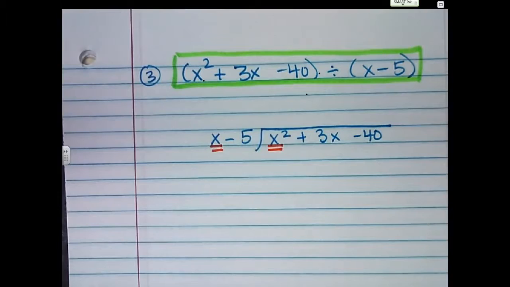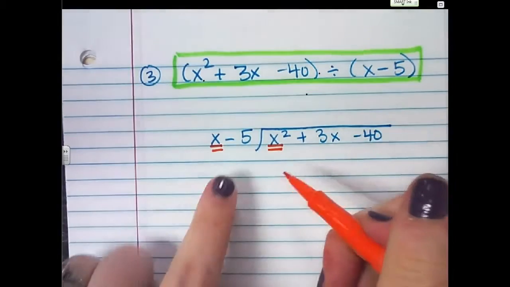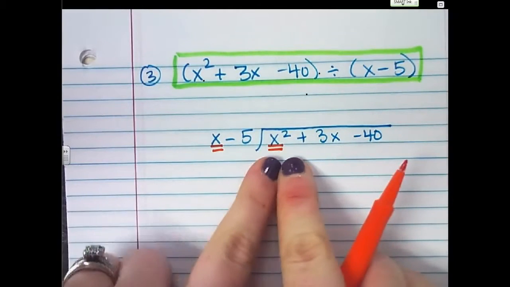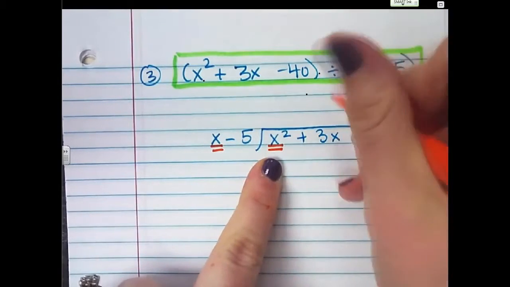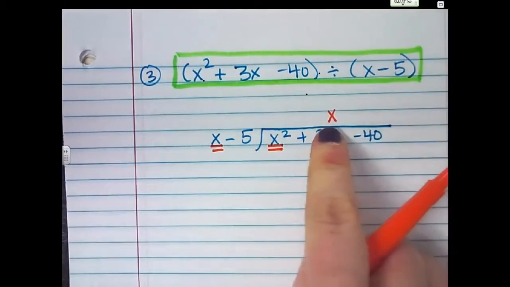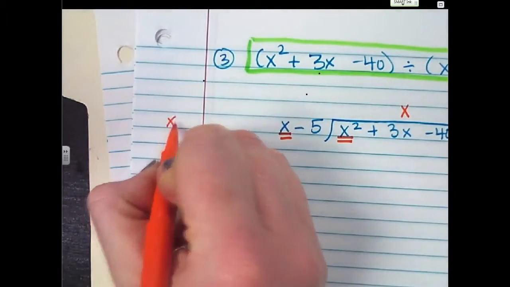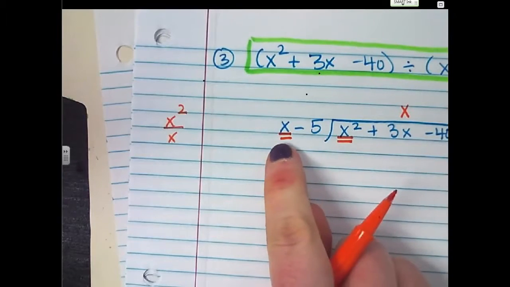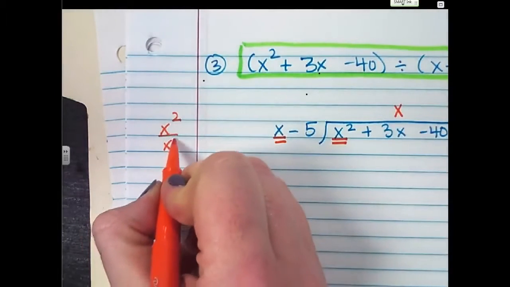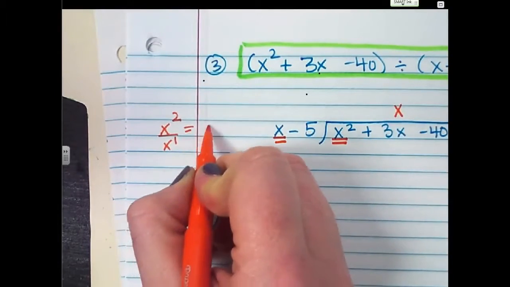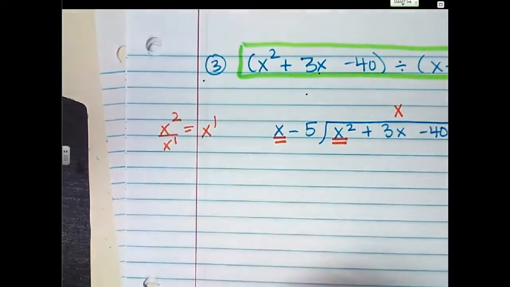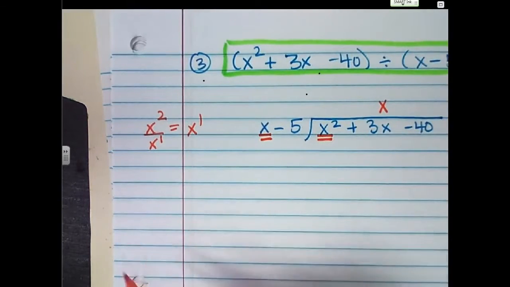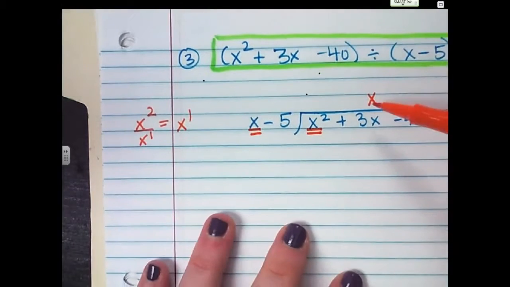Just like you say, how many times did 6 go into 17? Same thing here. What times x gives me x squared? An x. Now, if you're having trouble figuring that out, you can divide x squared divided by x. When you divide, what do you do with exponents? Subtract. So 2 minus 1 is 1. Okay, and these today will all be similar. Tomorrow we'll get a little bit bigger, but it's not terrible.